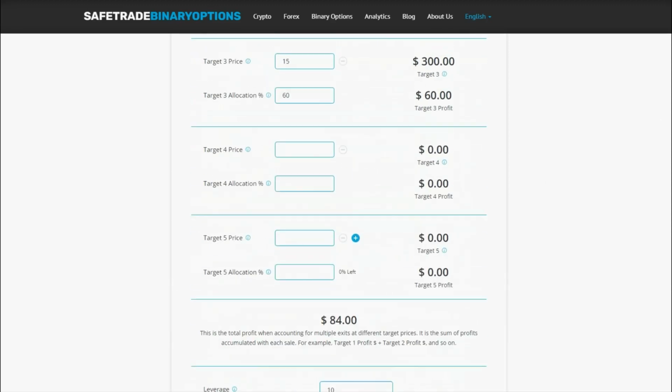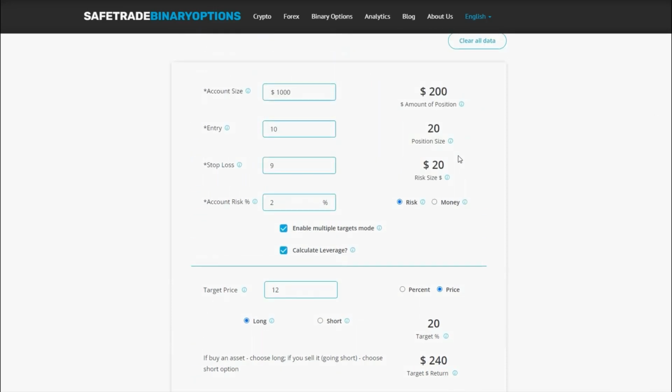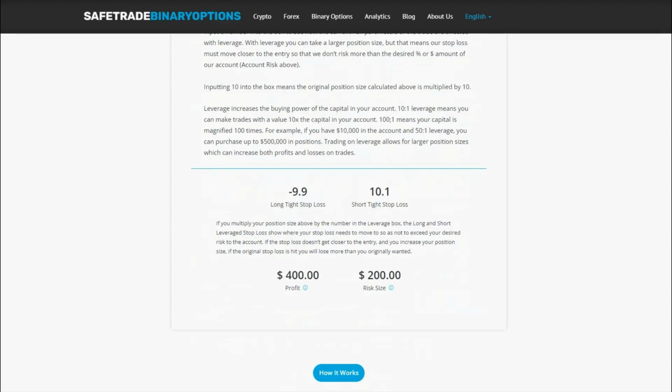So let's go back up to the top here and see how that would have worked. So if we did take 10 times the position that it originally said here, we would have 200 shares. But instead of getting out at $9, we're going to get out at $9.90 like it told us to do down here.